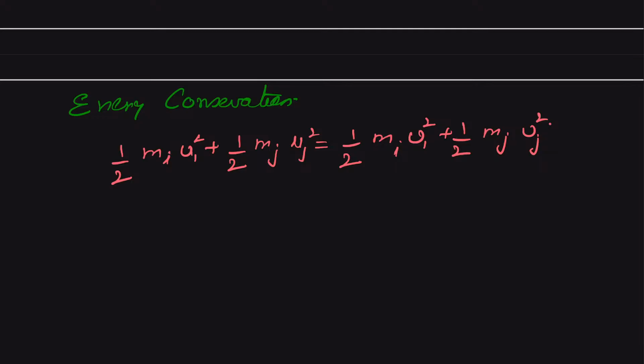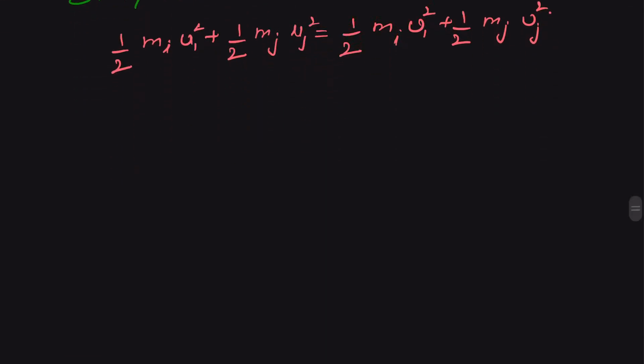And we already know that whenever there is an elastic collision between two bodies, the solution of these two equations gives us a standard result, that Vi minus Vj is equal to minus of Ui minus Uj.